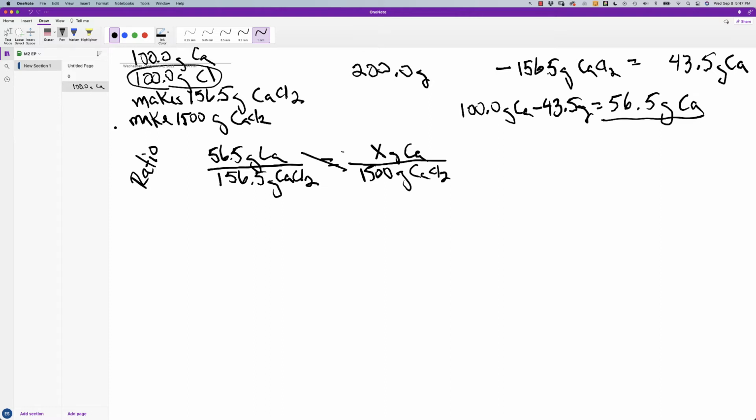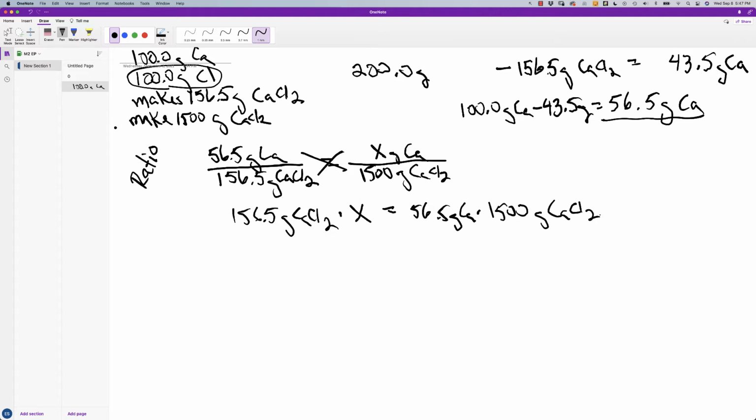And we just do our cross multiplying and all that. We get 156.5 grams calcium chloride times X number of calcium equals 56.5 grams of calcium times 1,500 grams of calcium chloride.